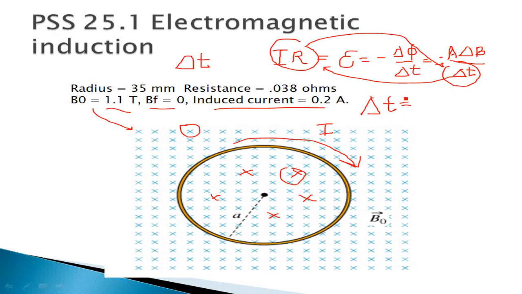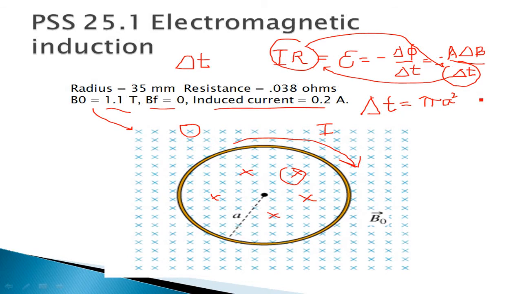And I don't really think we need to be concerned with the negative sign. We're just calculating the time, so we don't care about the direction of the current flow. So we're going to have the area of a circle, pi a squared.